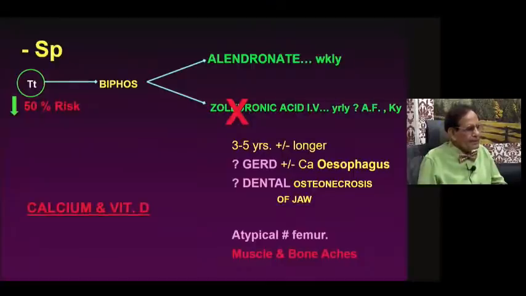Don't send the patient for extraction of the tooth during this period. Because if the tooth extraction is done, they can develop a complication called osteonecrosis of the jaw. And this osteonecrosis of the jaw is a bad complication. And next thing is, if you give this drug for more than 5 years, they can start developing fractures of the femur. Not head of the femur, shaft of the femur.